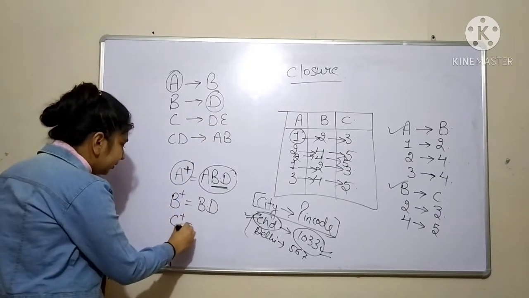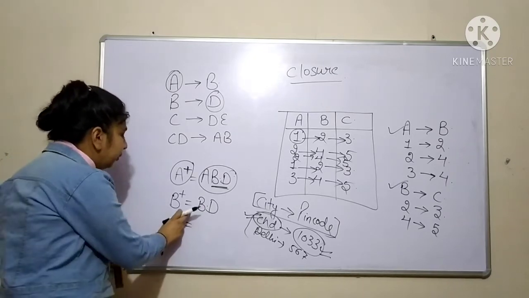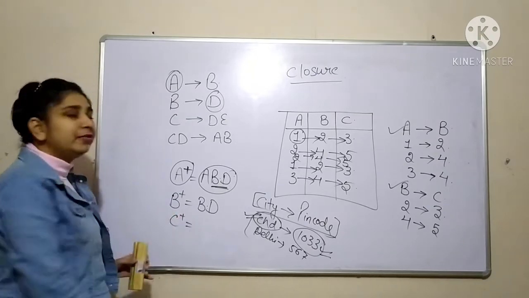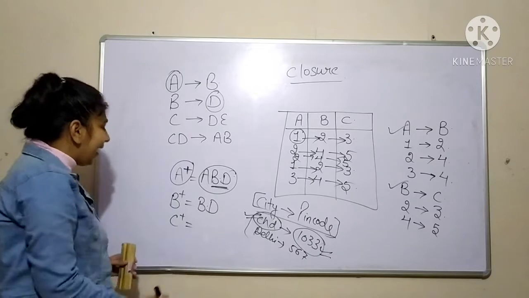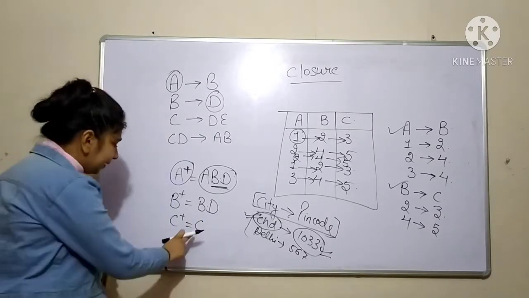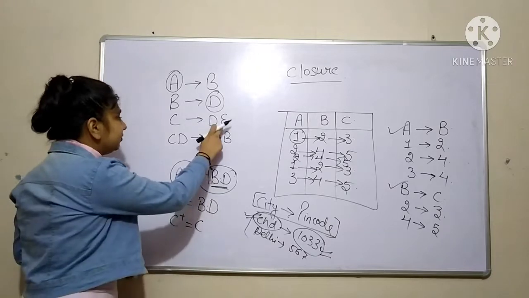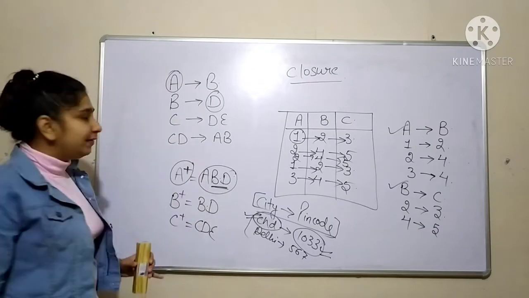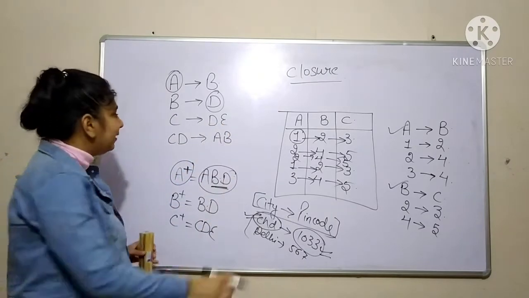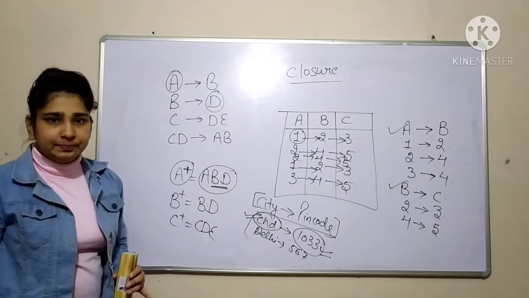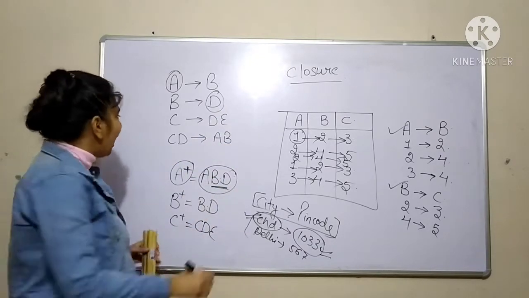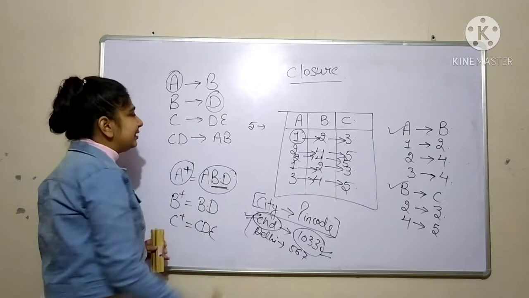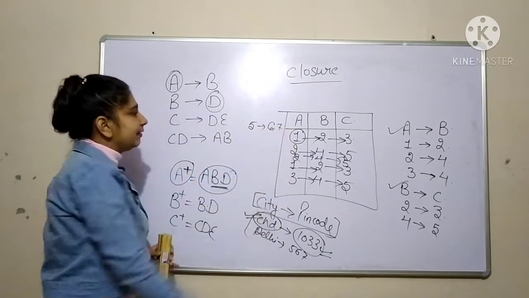So if you are given attribute C and you have to determine all the other attributes from it, with the help of C I can determine firstly C, then D and E. If you are given the value of C, you can get the unique value of attributes D and E. Let's suppose the value of C is 5, you are getting one definite value of attributes D and E, let's suppose 6 and 7.